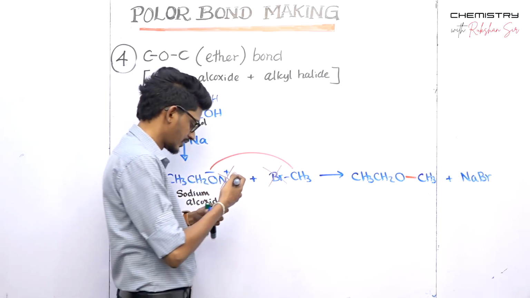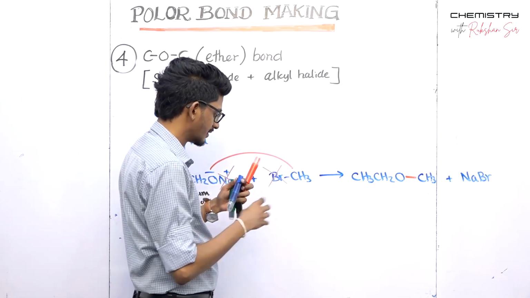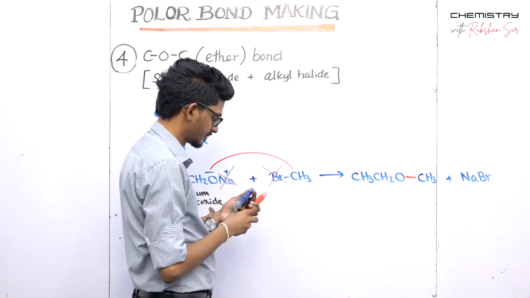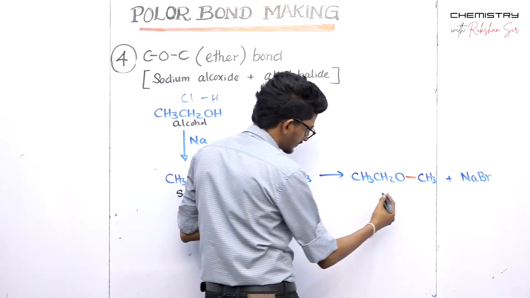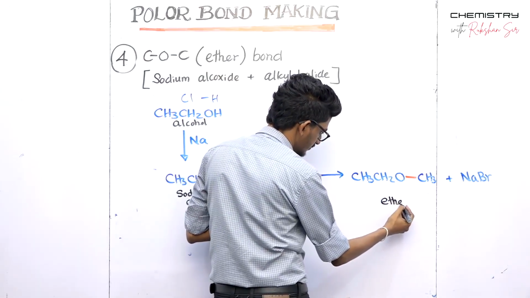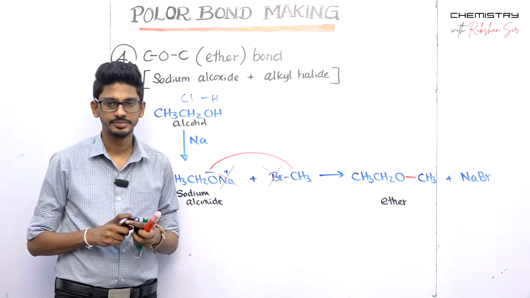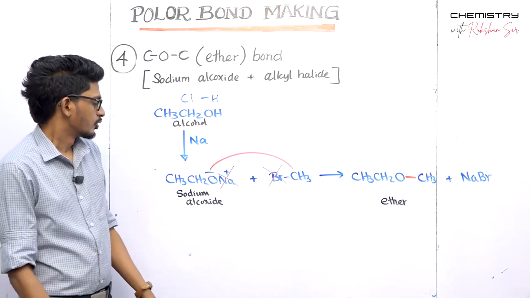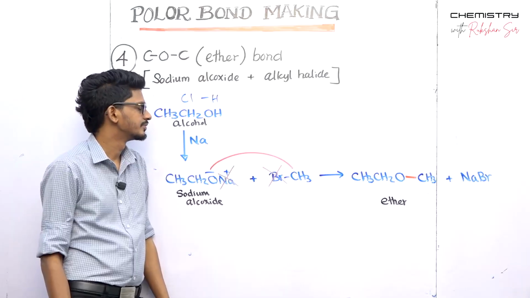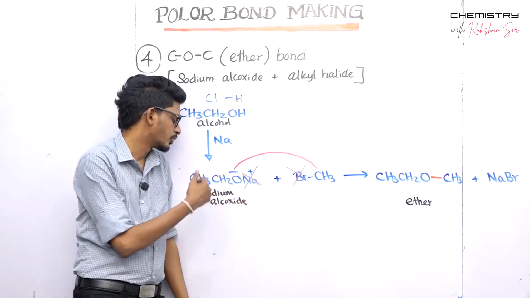So this is referred to as an ether. Those are ethers, right? So that is how the ethers are produced. First you need to come up with the sodium alkoxide.